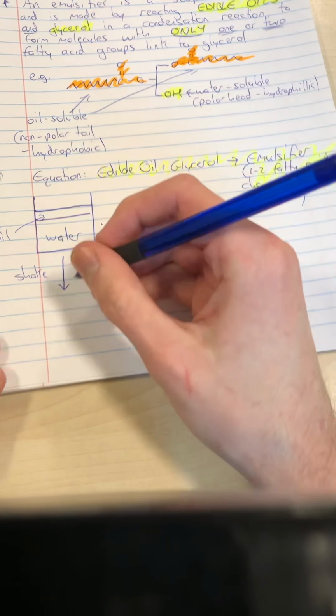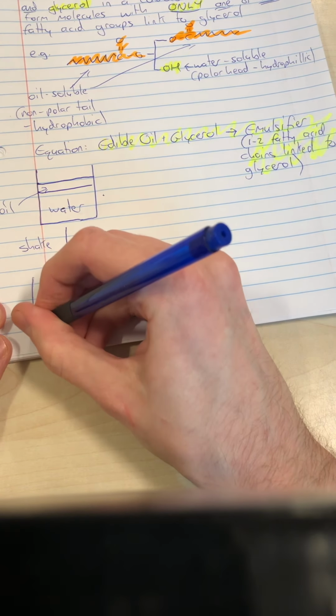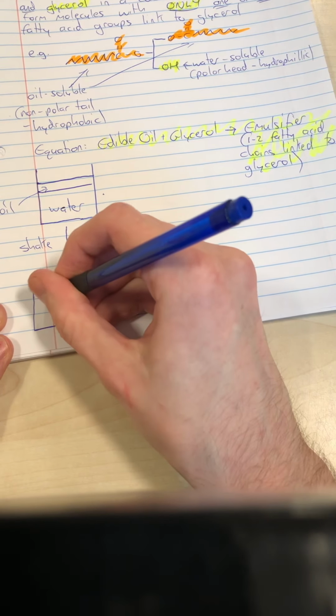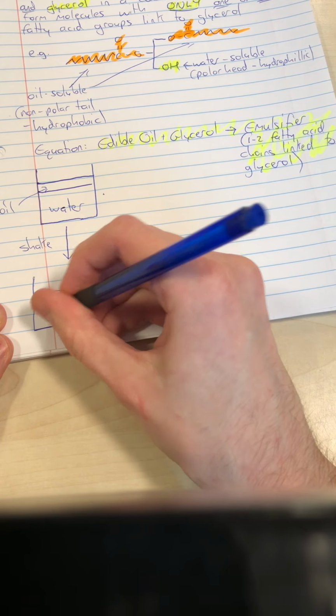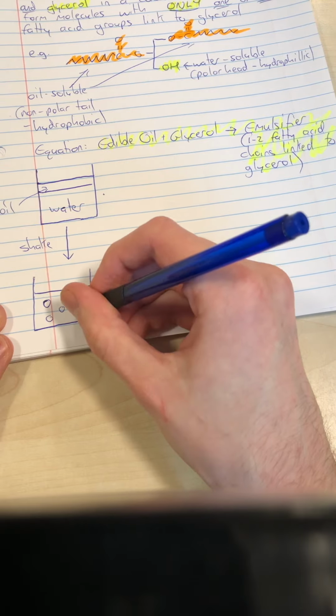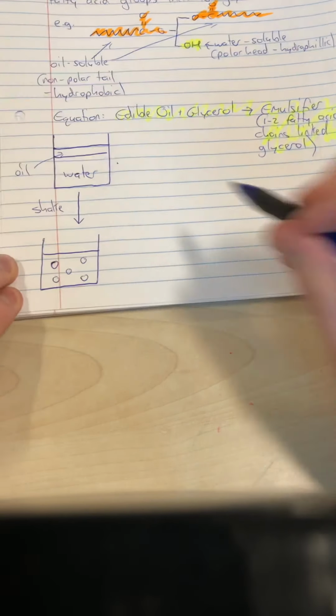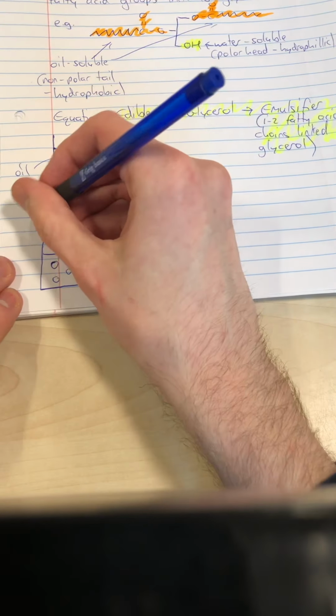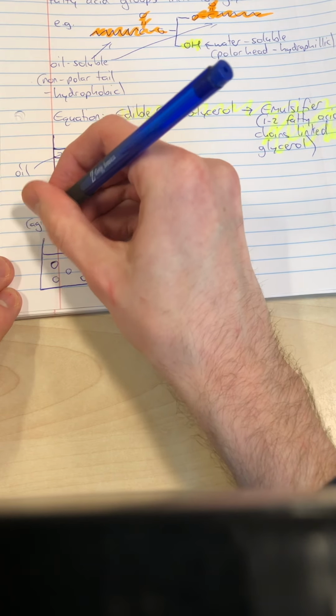Like what we did in the last one, we shake the water and oil, and that gives us wee droplets of oil. Again, I'm saying shake, but to be scientific, we agitate.